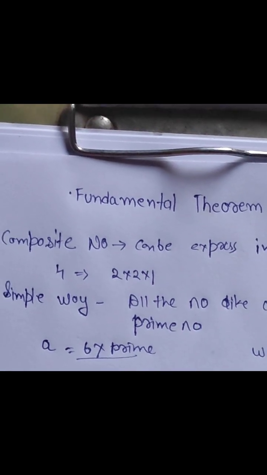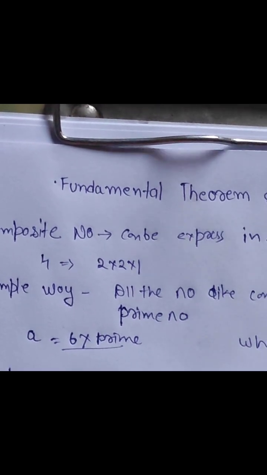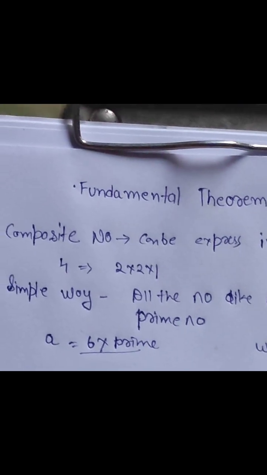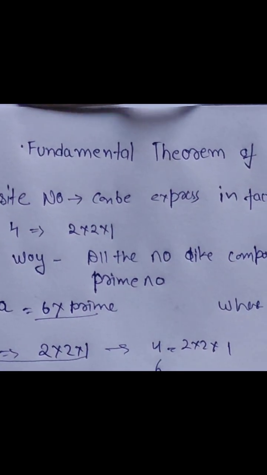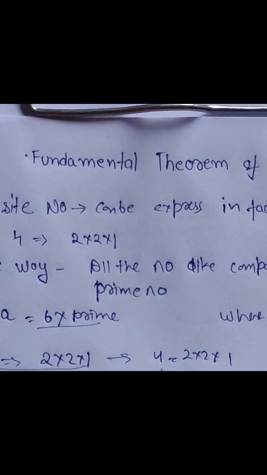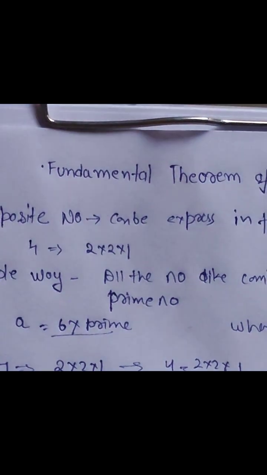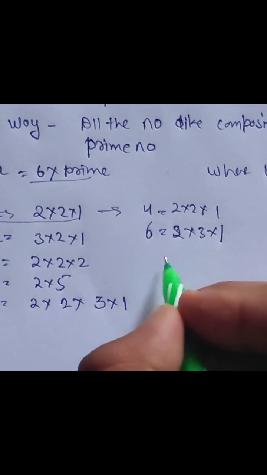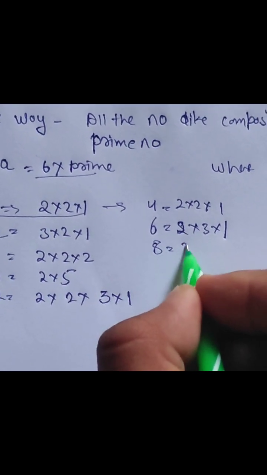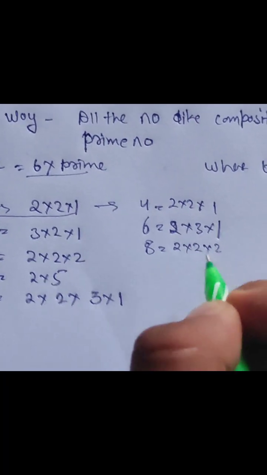Okay, so when you see all these examples, you see that the 4 has only one combination, like the 4 is always written in the form of 2 into 2 into 1. Any other prime numbers are not used for the 4. Similarly, the 6 is always written as the multiple of 2 into 3 into 1. And similarly the 8 is always written as the multiple of three 2s.